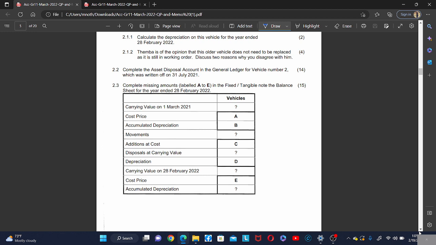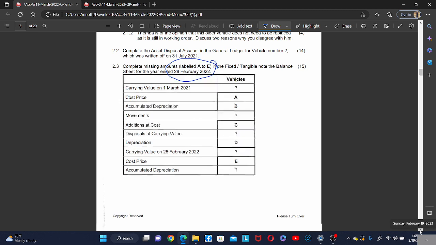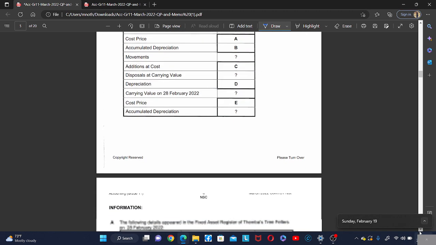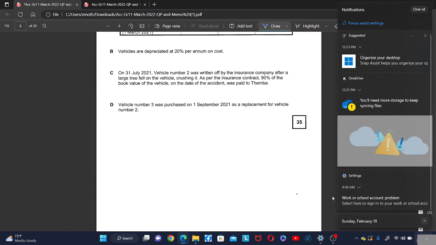We are told that the year ends on 28 February 2022. So let's go to the transactions.